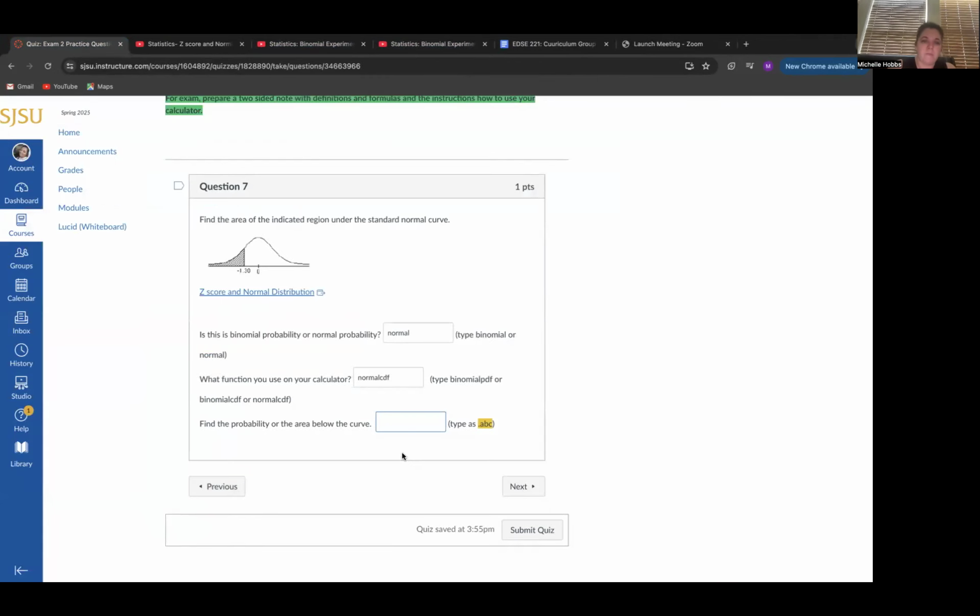So we'll find the probability or the area below the curve.